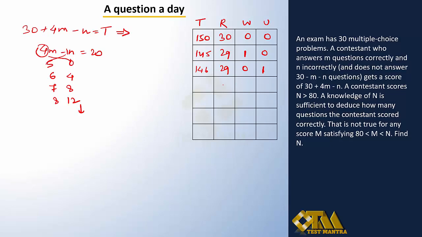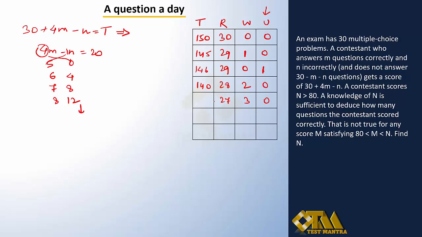So similarly, now I'm just increasing this. For the time being, I'm keeping unattempted as 0 here. So now let's try to identify this. If you take 28 rights, 2 wrongs, 0 unattempted, the figure is supposed to be 140. Similarly, 27, 3, and 0 for the time being.